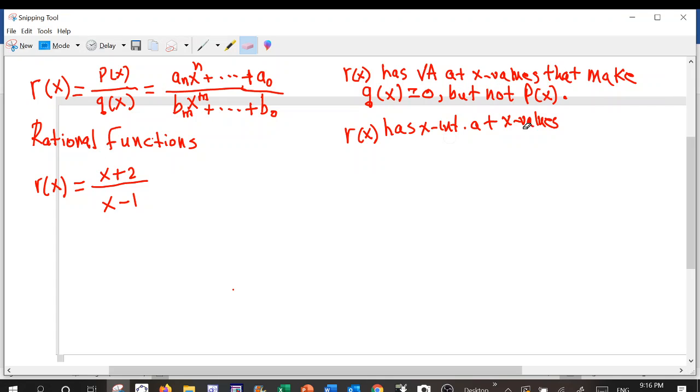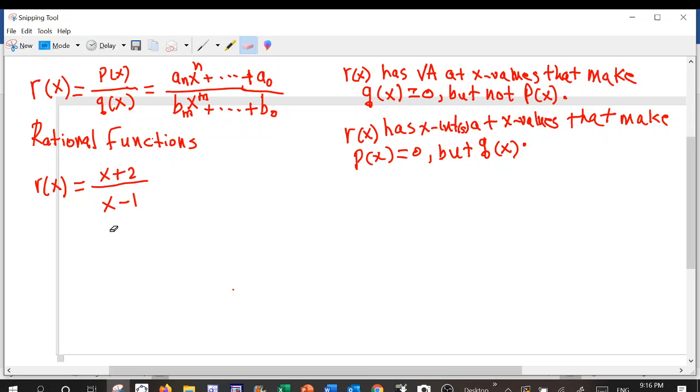So if we find x values, r of x has x-intercept at x values, it could be more than one intercept, at x values that make p of x 0, but not q of x.